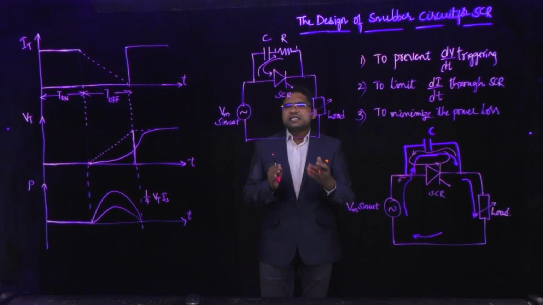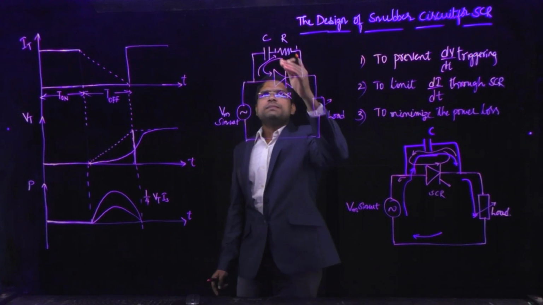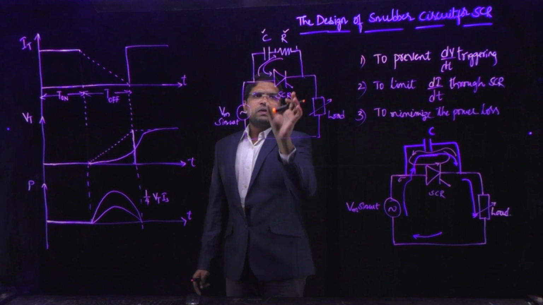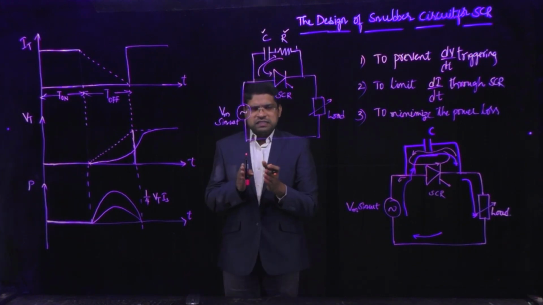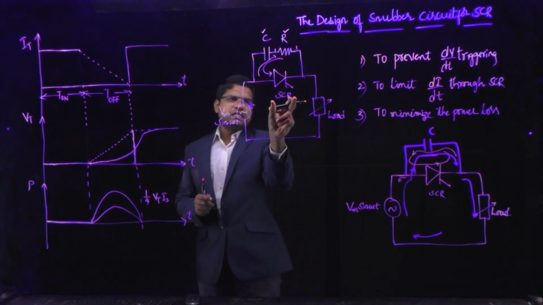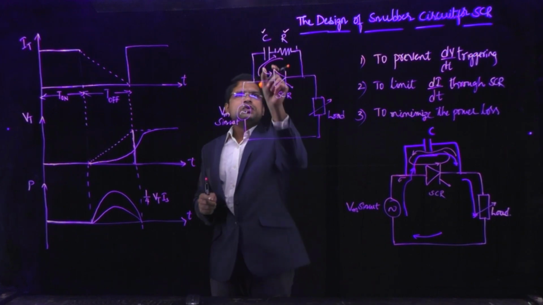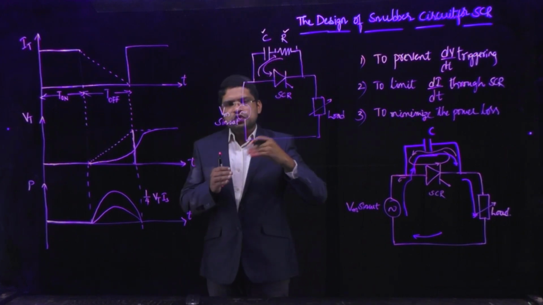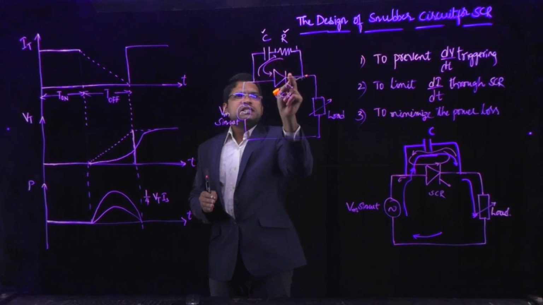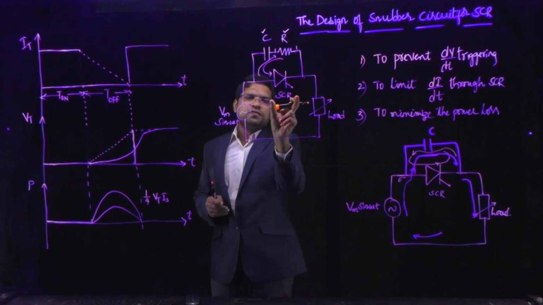Now, what is the design of the snubber circuit? Design of the snubber circuit means selecting the values of this capacitance and resistance for a particular rating of the SCR. There are certain ratings, among them a specified dV by dt rating and a specified di by dt rating of the SCR. We need to choose the value of capacitance such that it provides a rate of change of voltage less than the specified dV by dt rating of the SCR.